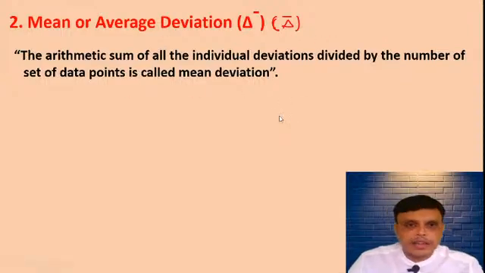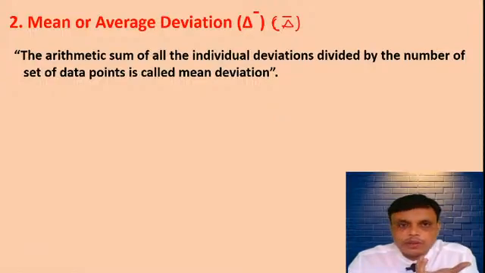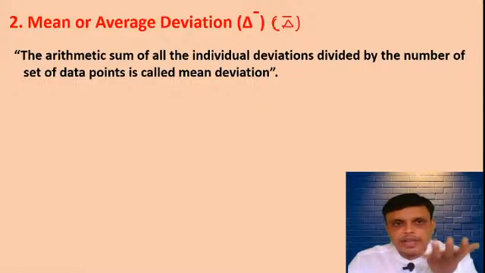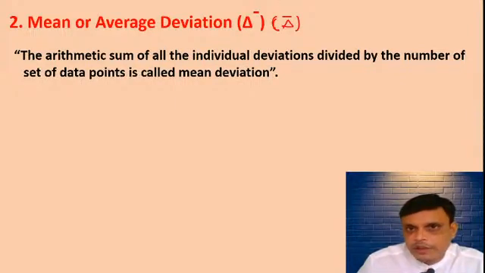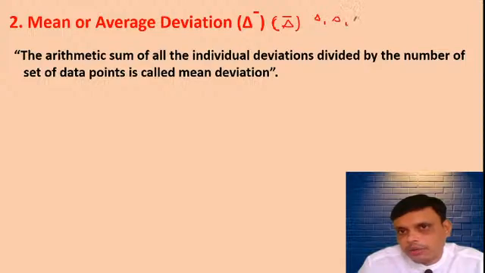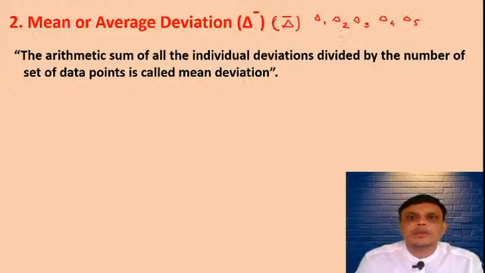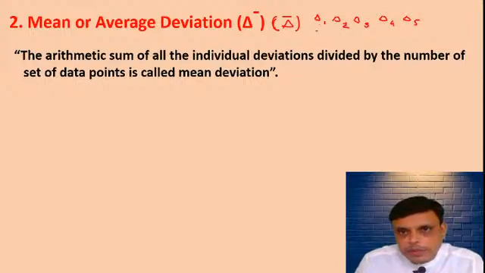Once you have calculated deviations, for example, if 5 data sets are there and you have calculated deviations for all 5, for example delta 1, delta 2, delta 3, delta 4, delta 5, these are the individual deviations, and for the mean deviation you have to divide their sum by 5.